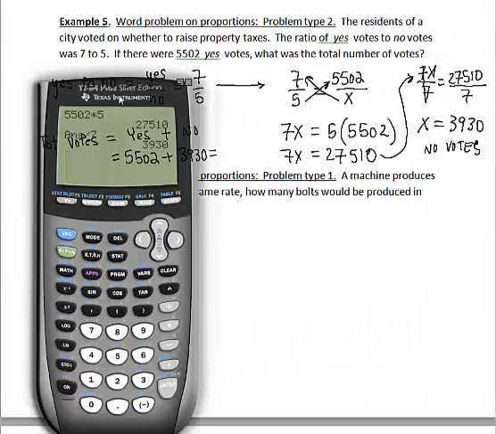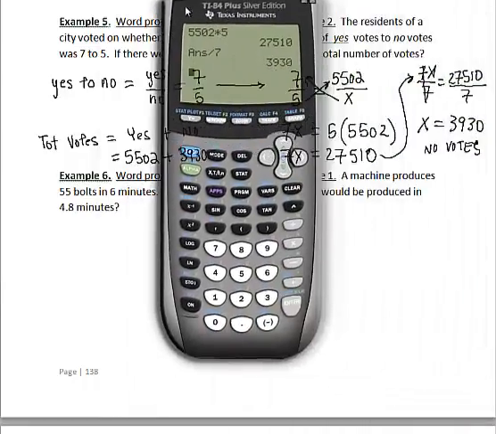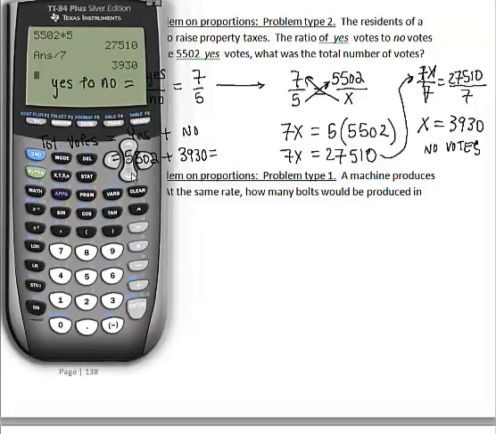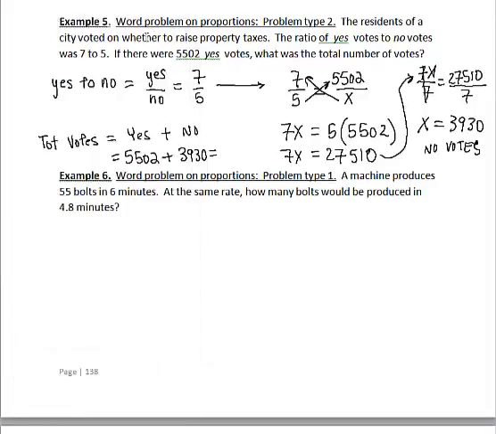We add these two numbers together. 5,502 plus 3,930, enter, and we get 9,432. And so this is the solution, the answer to our question for example 5.